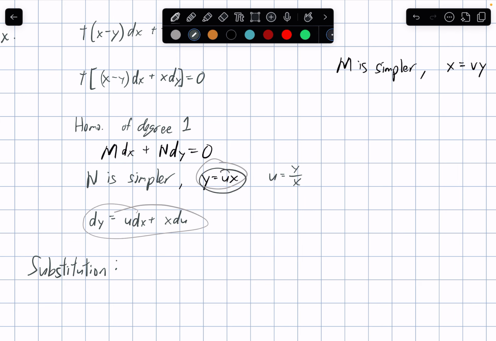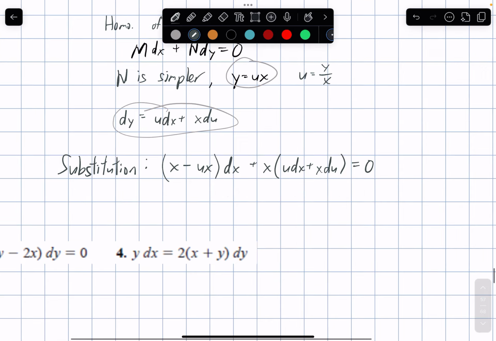So substitute y as ux and dy as this one. So x minus y, that is going to be x minus ux, and then just copy dx plus x, just copy x, and then dy is u dx plus x du equal to 0.